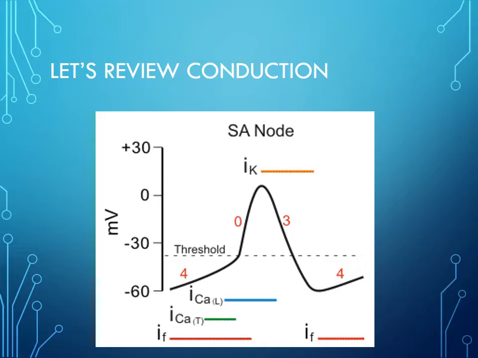What the heck is that thing? This is how our SA node works. This is wonderful because we don't have to think to make our heart beat. The physiology, the gradients, the movement of electricity is the reason why our heart beats, and it does it on its own.